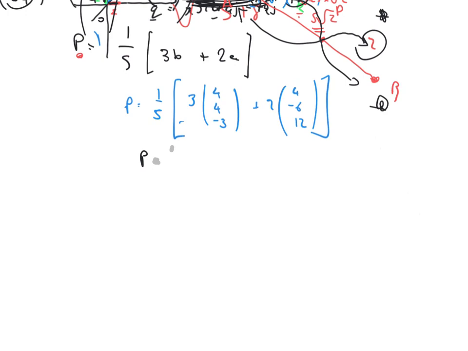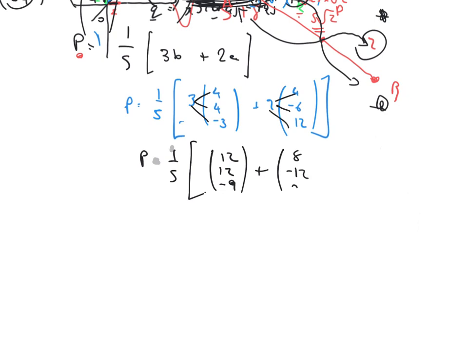Okay, so that's 1/5 of 3 fours are 12, 3 fours are 12, 3 lots of minus 3 is minus 9, plus 2 lots of 4 is 8, 2 lots of minus 6 is minus 12, 2 lots of 12 is 24.